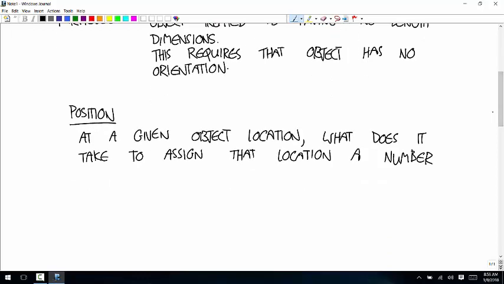Well, one thing is you need a length scale. That's not really what I'm talking about here. So let's just say besides a length scale.